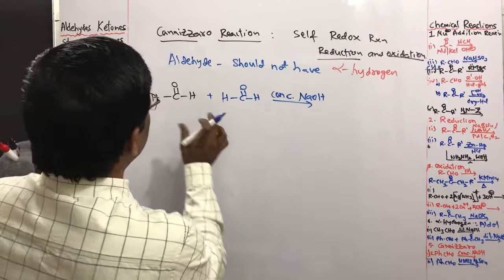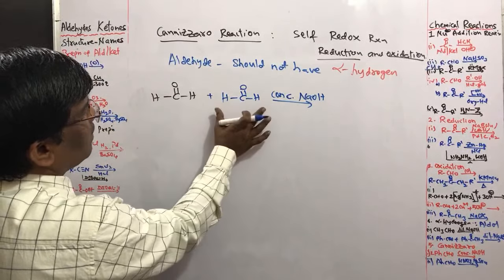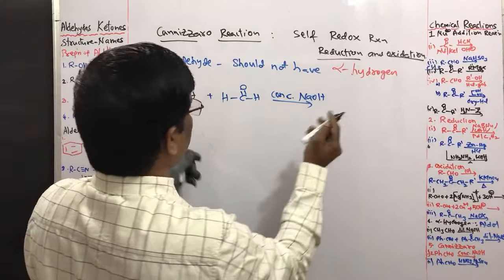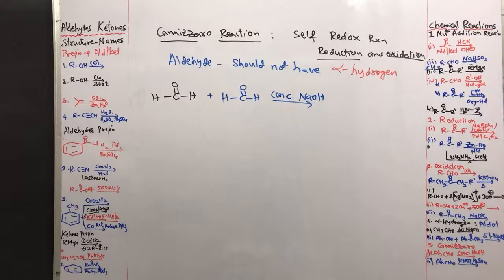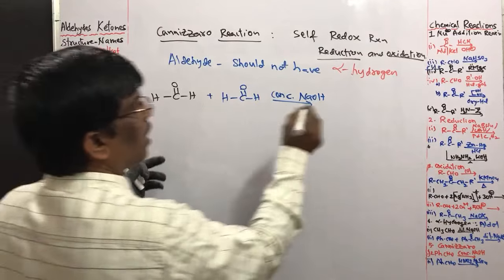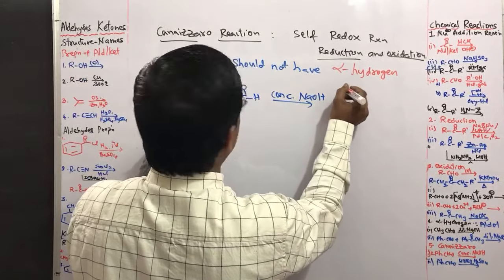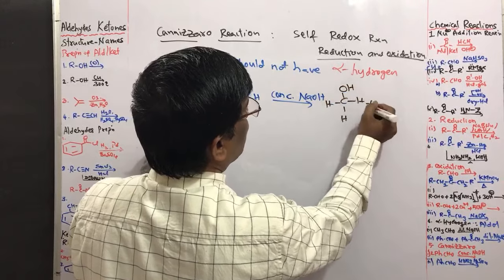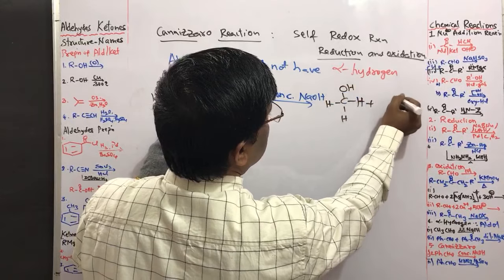There is a video. So formaldehyde in presence of concentrated sodium hydroxide, I am going to get a reduced product, one compound, and the other one is the oxidized product.